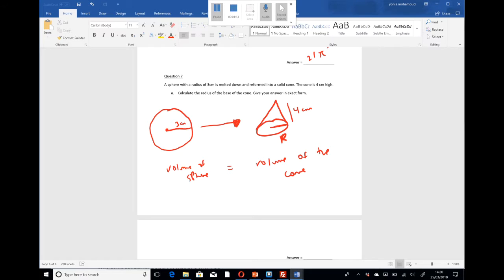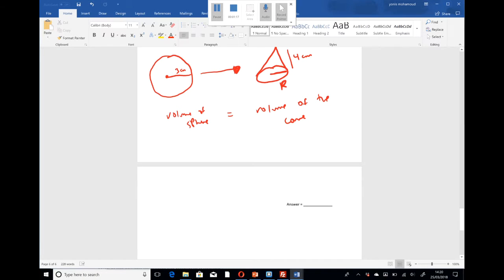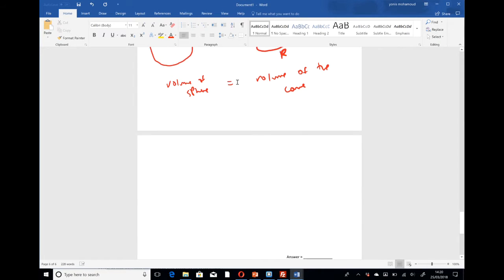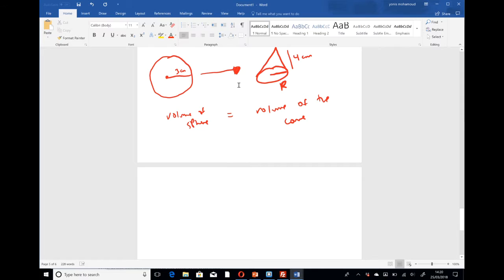We can easily work out the volume of the sphere because the only thing we need is the radius. The volume can be worked out by doing 4/3 times pi times r cubed.